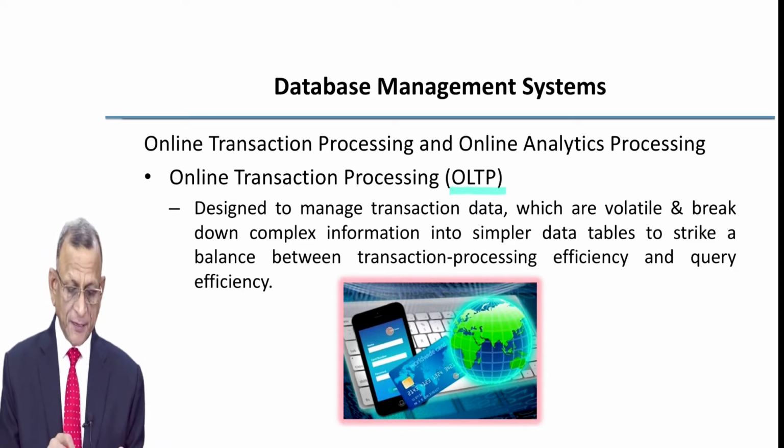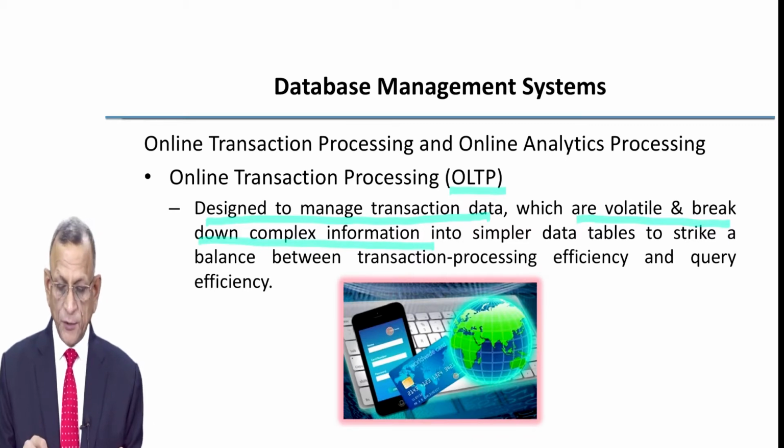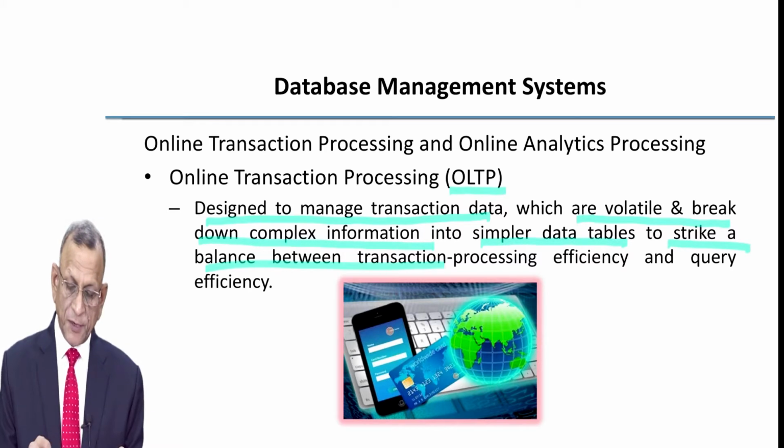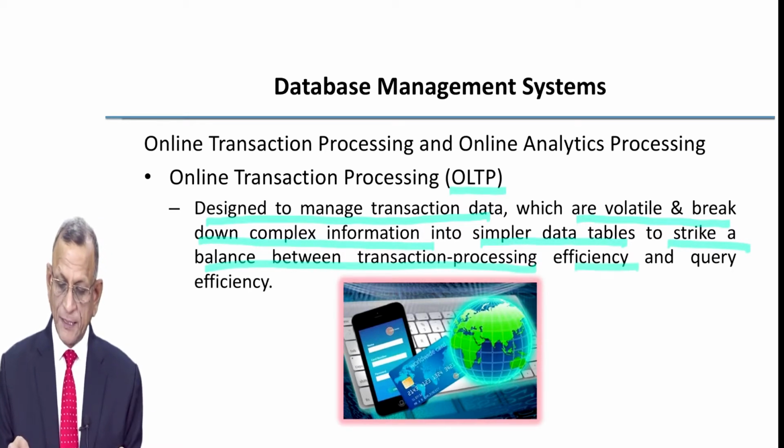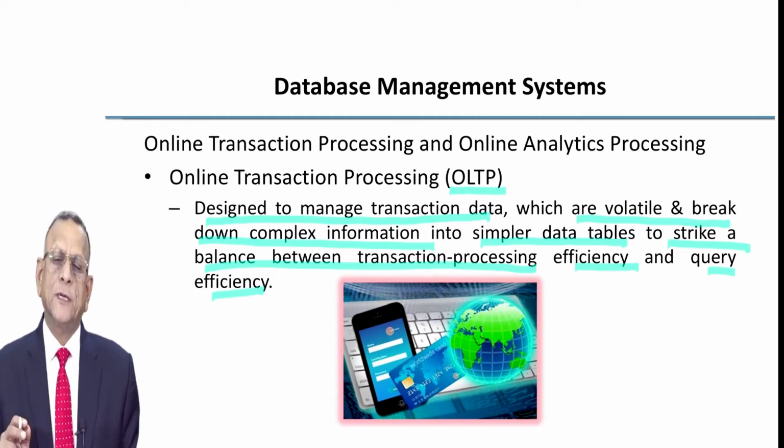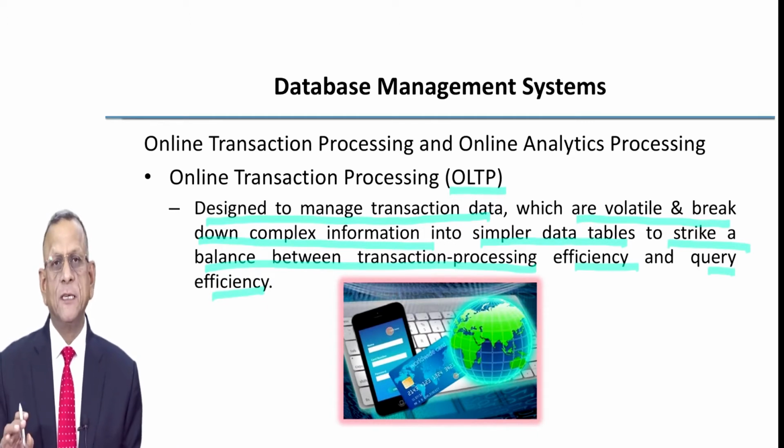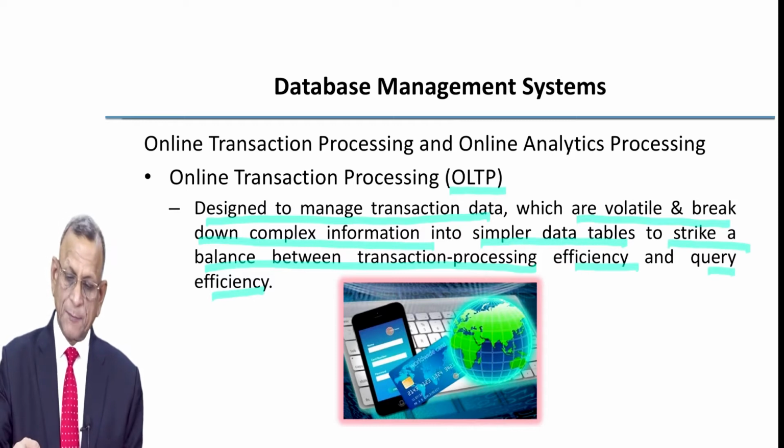This OLTP is designed to manage transaction data which is volatile and break down complex information into simpler data tables to strike a balance between transaction processing efficiency and query efficiency. You want to book a ticket in a particular train. So what is happening?